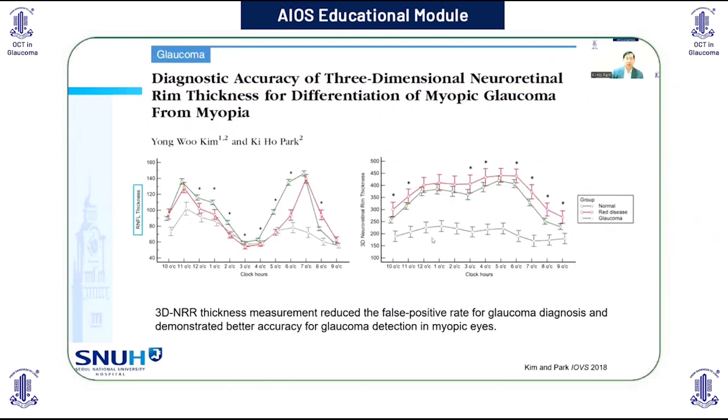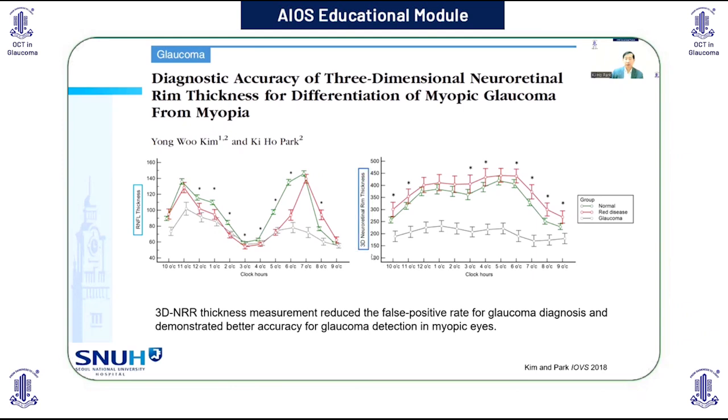So this is the result, that RNFL thickness could not clearly differentiate glaucoma from the red disease pseudo defect colored in red in the graph here. Normal is green here, and glaucoma is the gray line here.